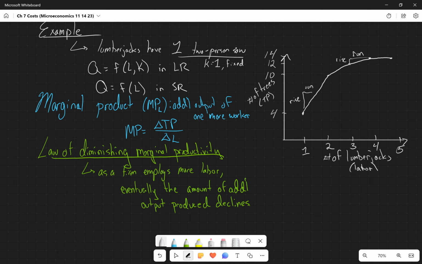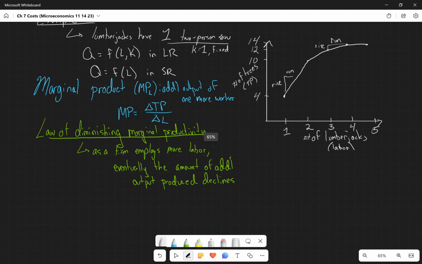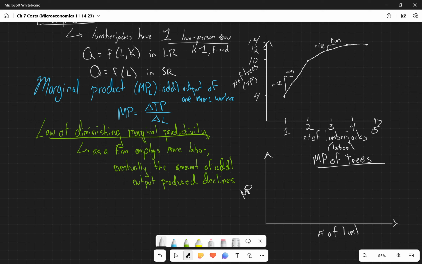And so what we can actually do is look at the individual marginal productivity, right? So how much extra are we getting when we go from 0 laborers to 4 laborers, right? So we're going to have another graph underneath this, which is going to be our marginal product of trees. And then we're going to have, again, the number of lumberjacks down here.